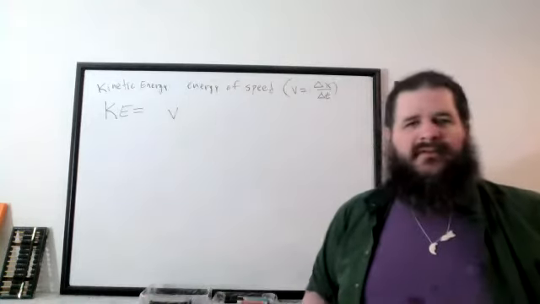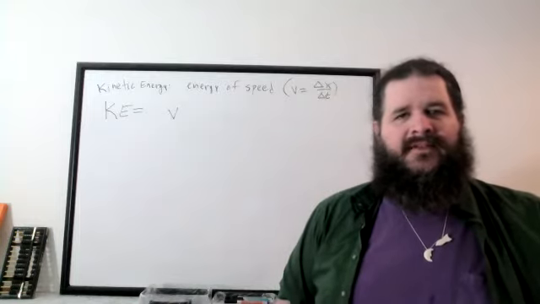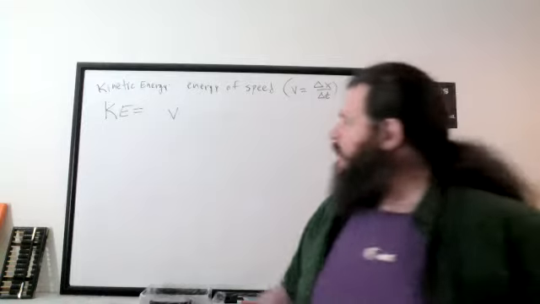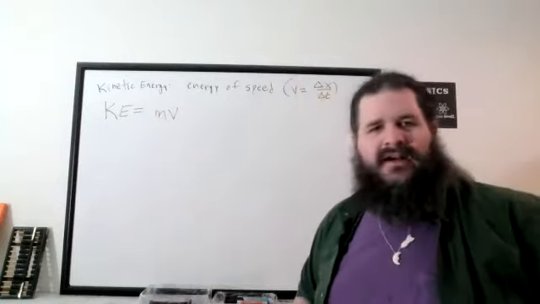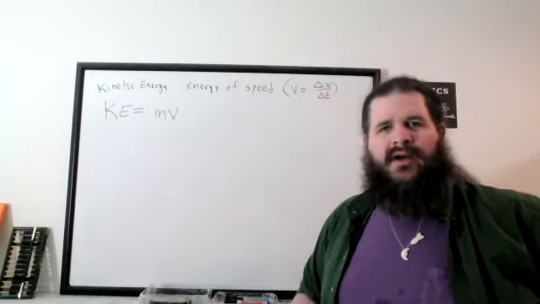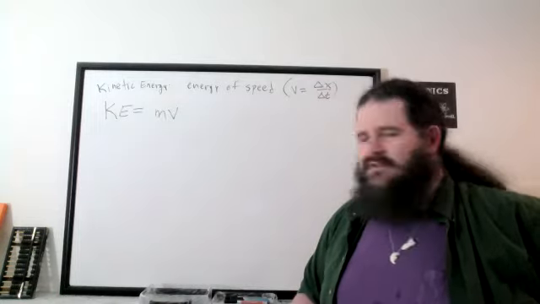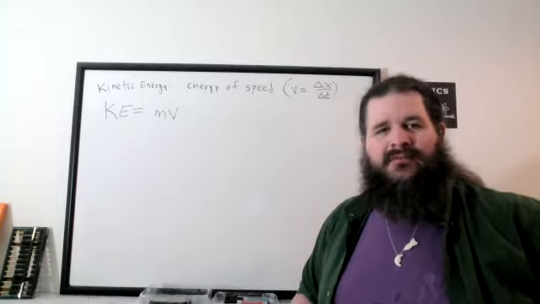And what else should it involve? Or do you have a formula for that yet? It would involve mass. Yeah, it's going to involve mass as well. I find it useful to think of energy as how much work has been accumulated, since work is just a transfer of energy. Kinetic energy is a measure of how much work it would take to get something moving that fast in the first place.